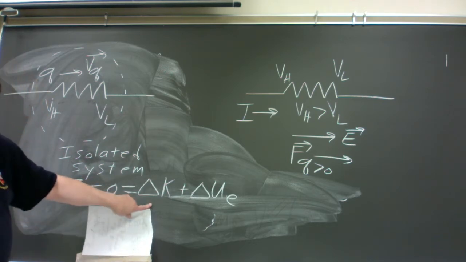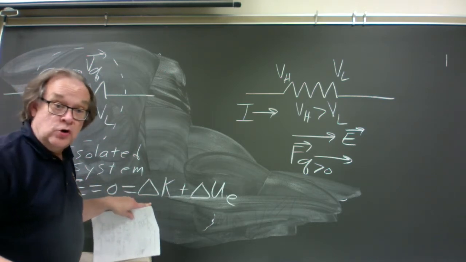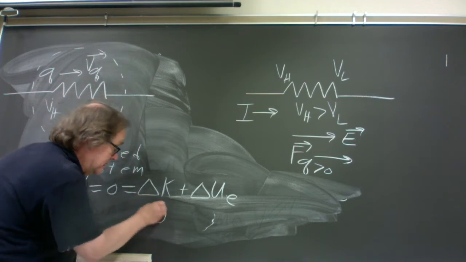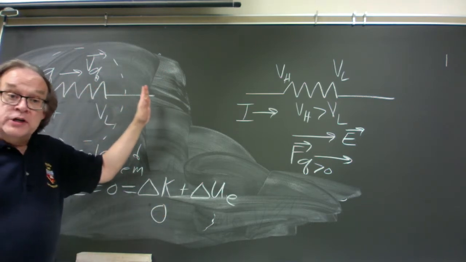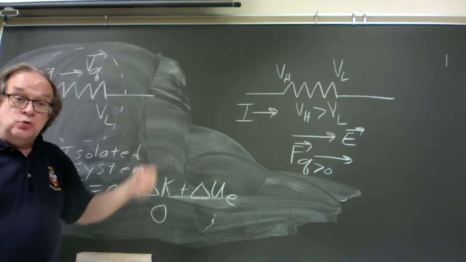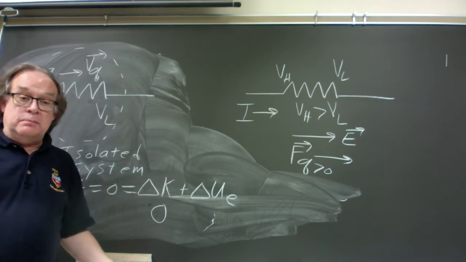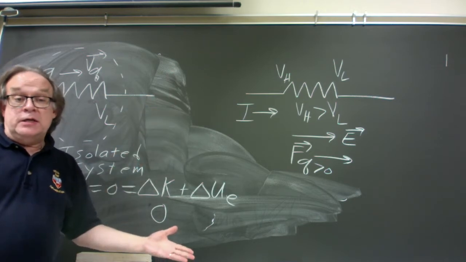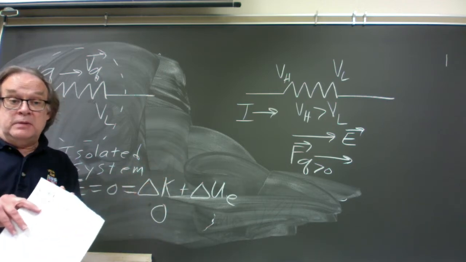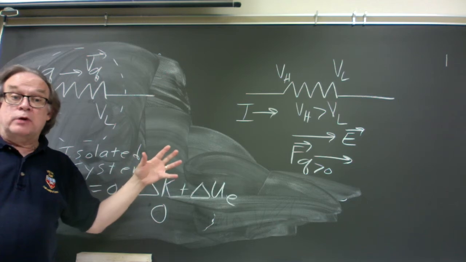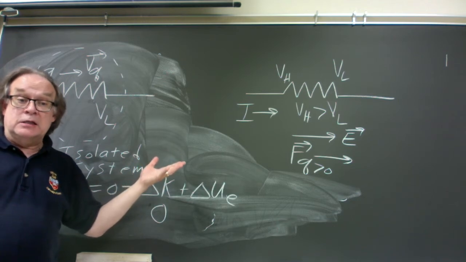Well, we actually know that for normal electric current, this is zero also. How do we know that? Well, we know it because current is constant. You turn on a light bulb and it shines with a steady brightness. It doesn't dim, it doesn't get brighter, the brightness doesn't oscillate.